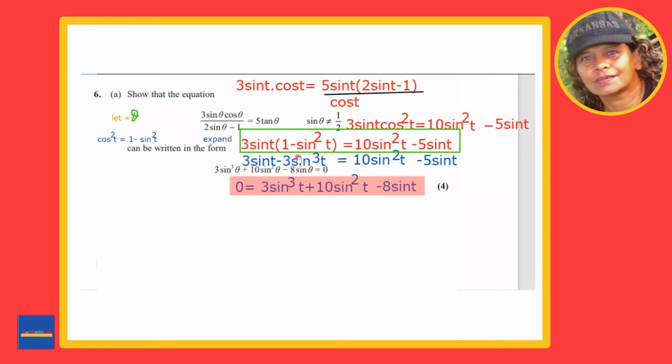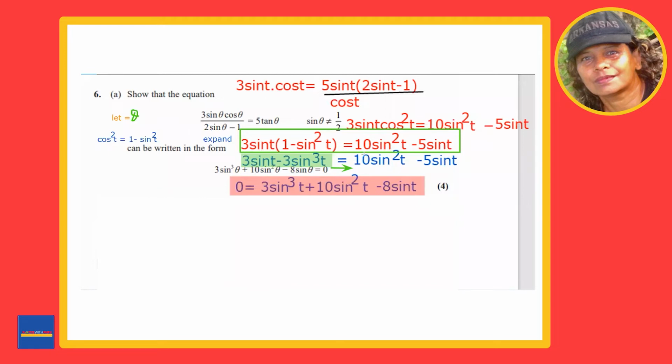Then I'm going to let the left-hand side be 0 and move everything to the right-hand side. So here I have 3 sine t minus 3 sine cubed t, and I'm going to move that to the right-hand side. If I move it, I end up with 3 sine cubed t on the right-hand side.